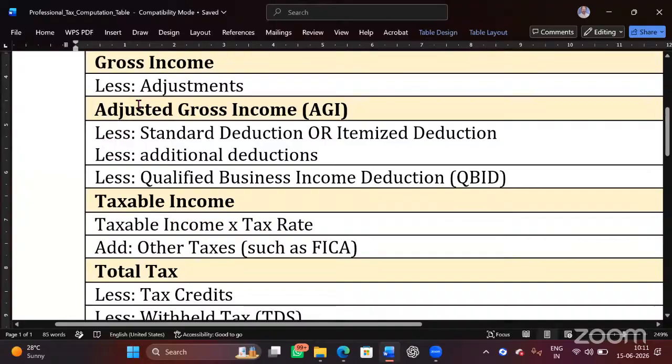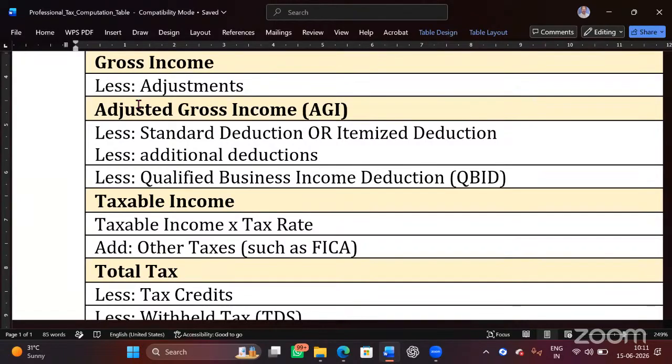Apart from standard deduction and additional deduction, one more deduction is allowed. It is the qualified business income deduction, QBID. It is also a separate chapter to be covered subsequently. This QBID is not allowed to all people.